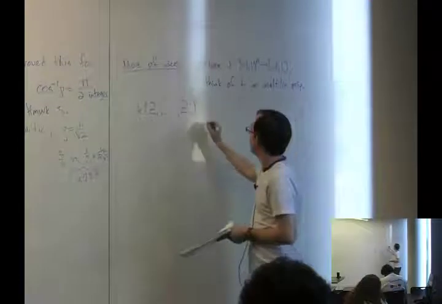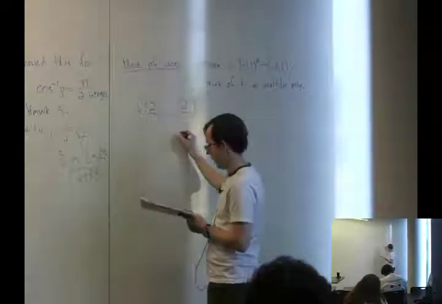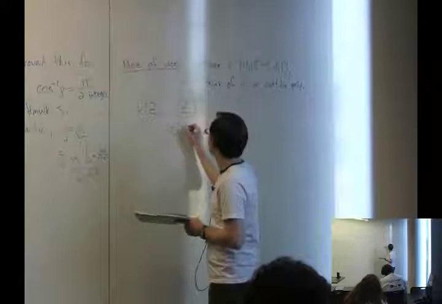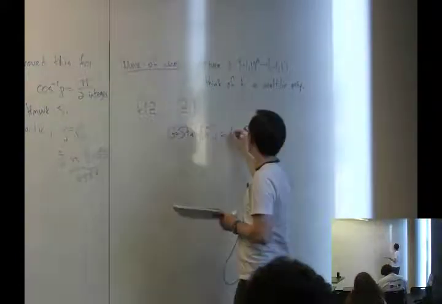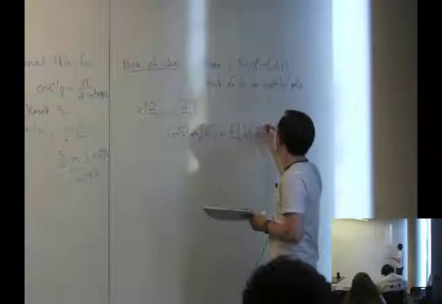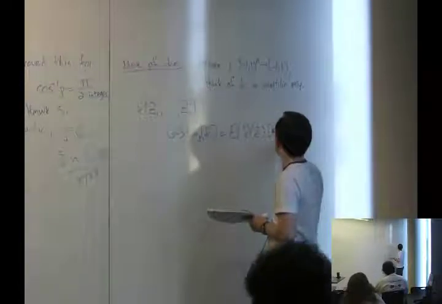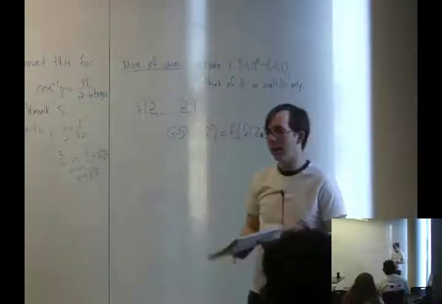One thing we can ask ourselves is about the Gaussian noise stability of f, the expected value of f of z, f of z prime, where z and z prime are rho-correlated Gaussian vectors.